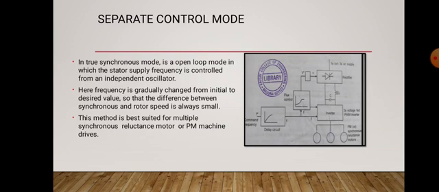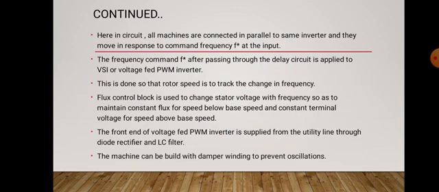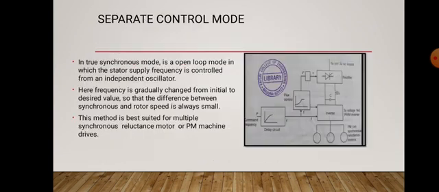Here the frequency is gradually changed from the initial to the desired value, in order to maintain the difference between the synchronous and the rotor speed small. That is the main purpose of this particular control mode. Here in the circuit, as I told, all the machines are connected in parallel to the same inverter and they move in response to the command frequency.